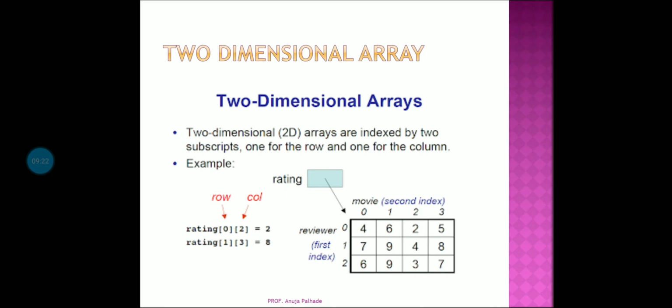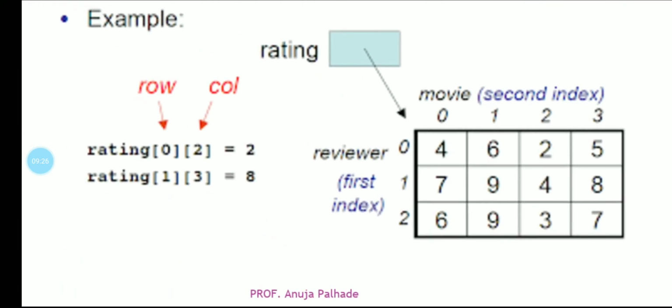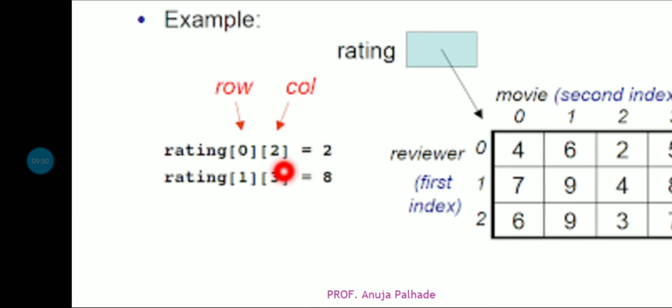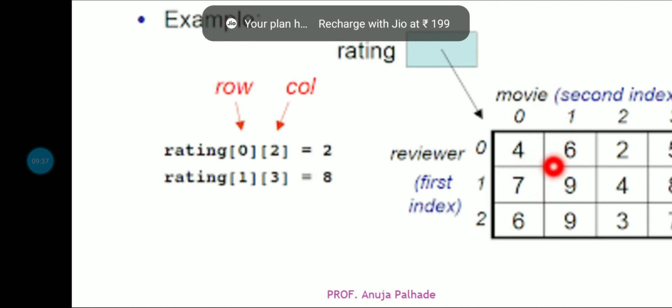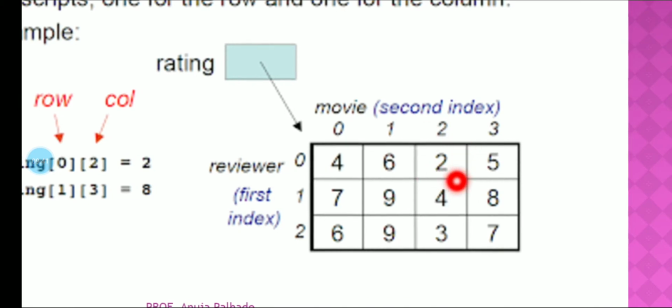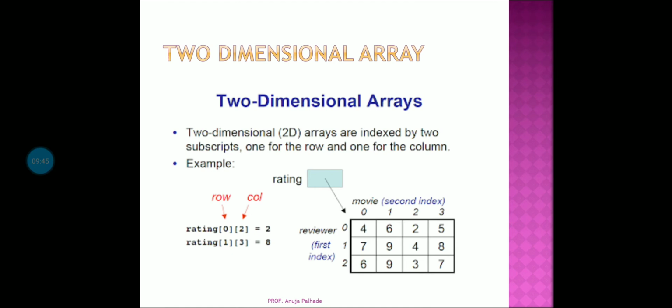So 0 of 2 is 2, meaning 0th row and 2nd column. See here, you can see this 2. I hope you understood. Very simple 2-dimensional array.